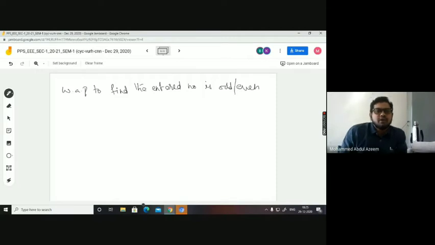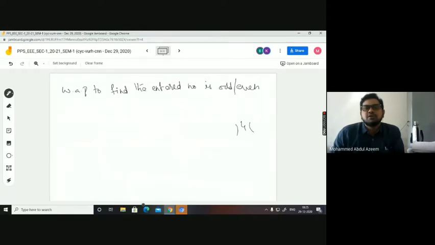Okay. How do you find the number is odd or even? You divide it with 2 and then check the remainder. If the remainder is 0, then you say even, right? If the remainder is 1, you say it is odd. Yes or no?